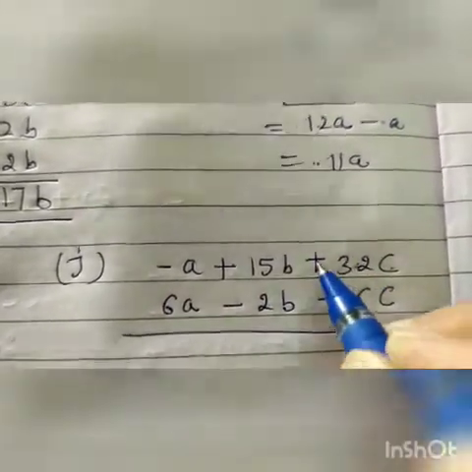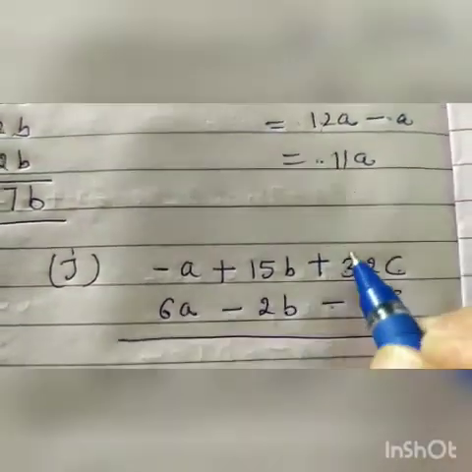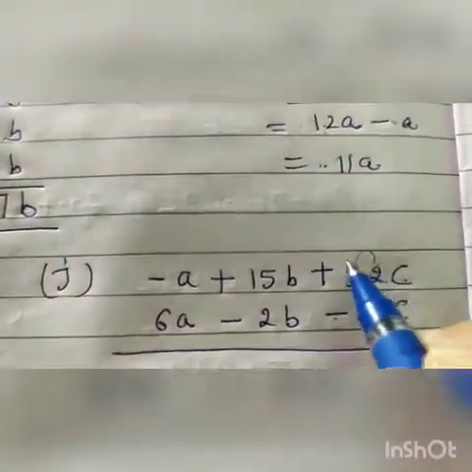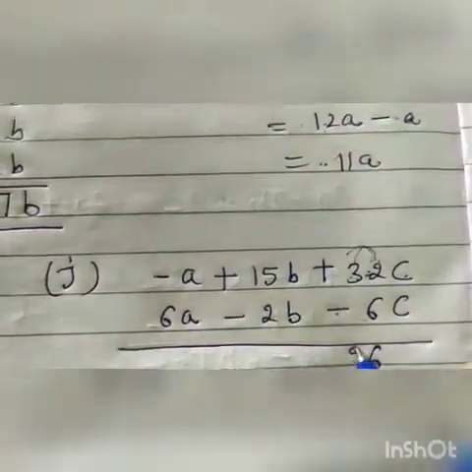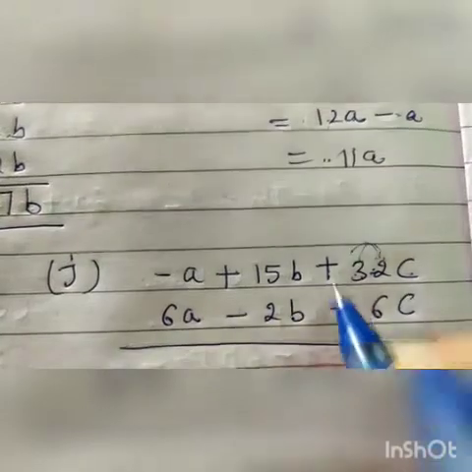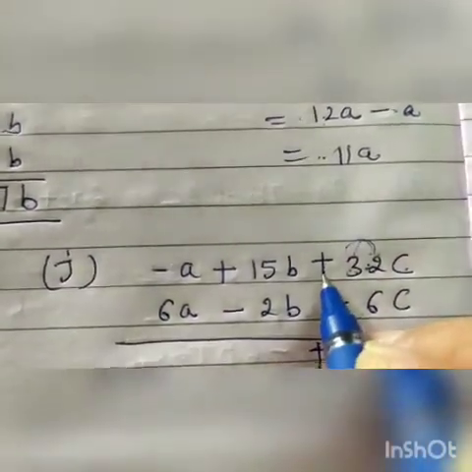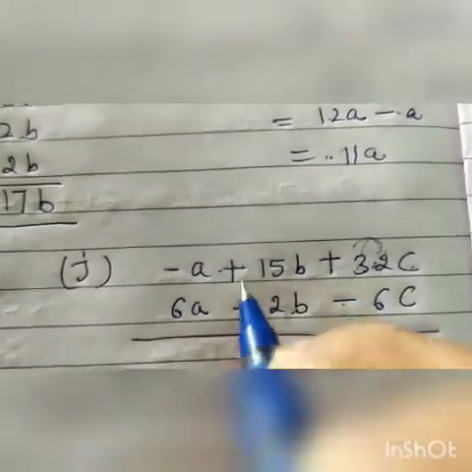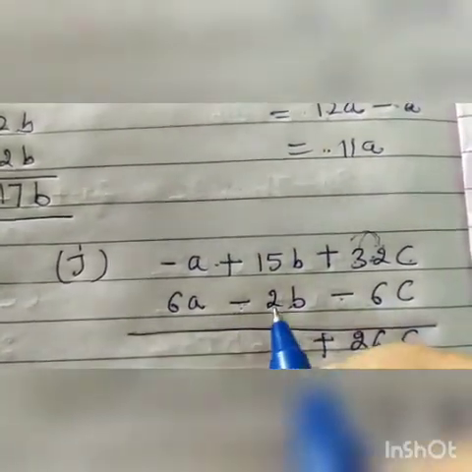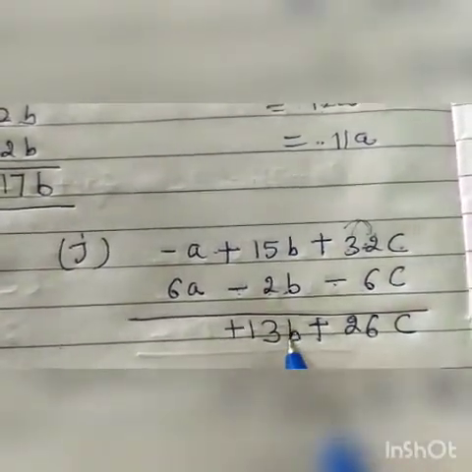Both the terms are with different sign, so we will subtract the smaller one from the larger one. 32 minus 6, 26c with plus sign, because before the larger number it is plus sign. Now plus 15b minus 2b. Again both the terms are with different sign. We will subtract the smaller one from the larger one. We will get plus 13b.